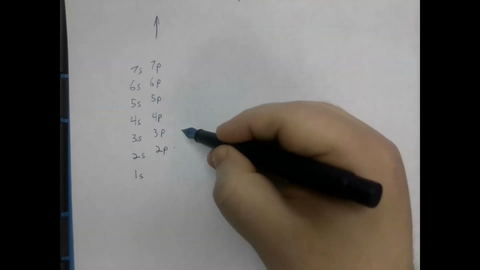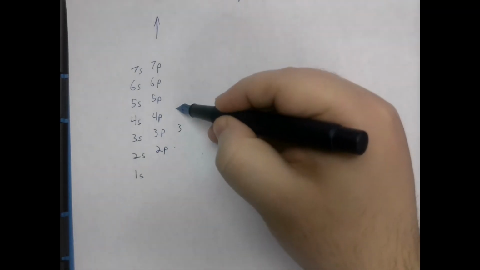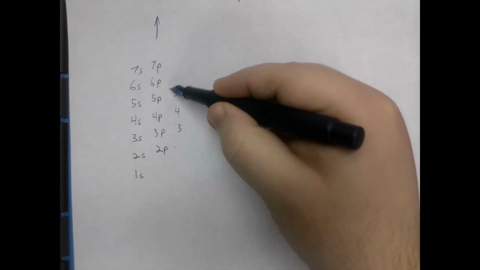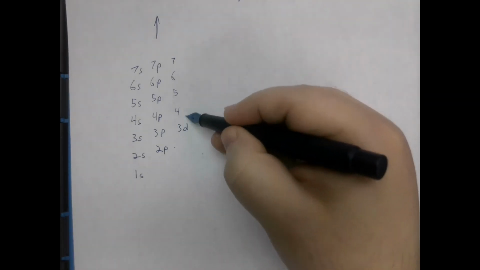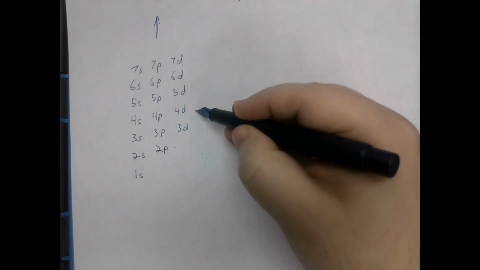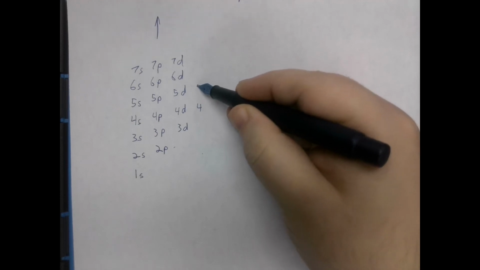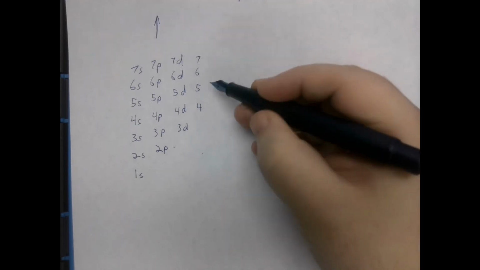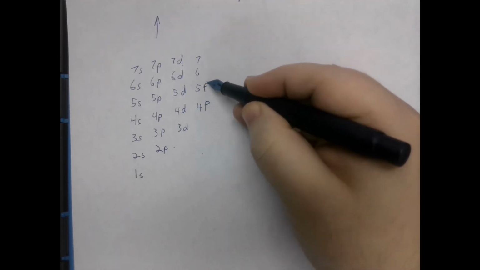And again, we're going to skip the number, and we're going to start with 3 and go up. And these will be your D's. And next we're going to start with 4 and go upward. And this will be your F's.